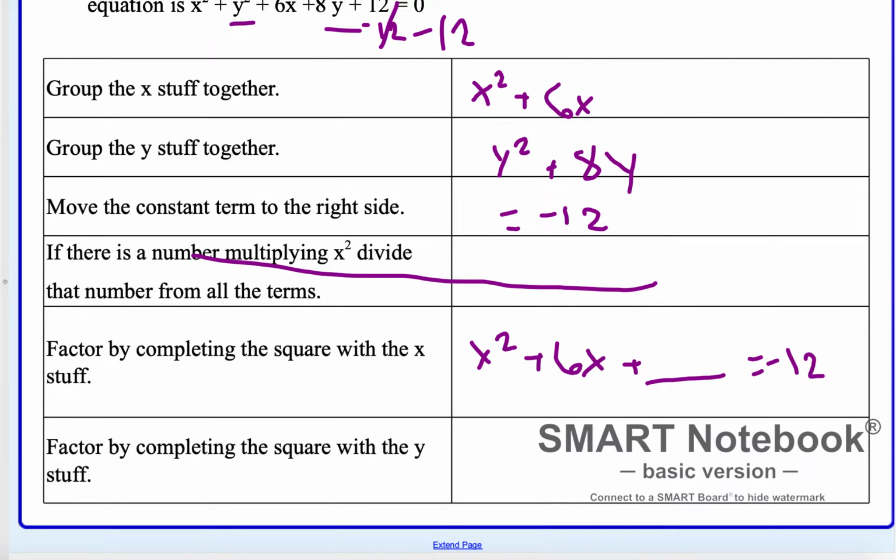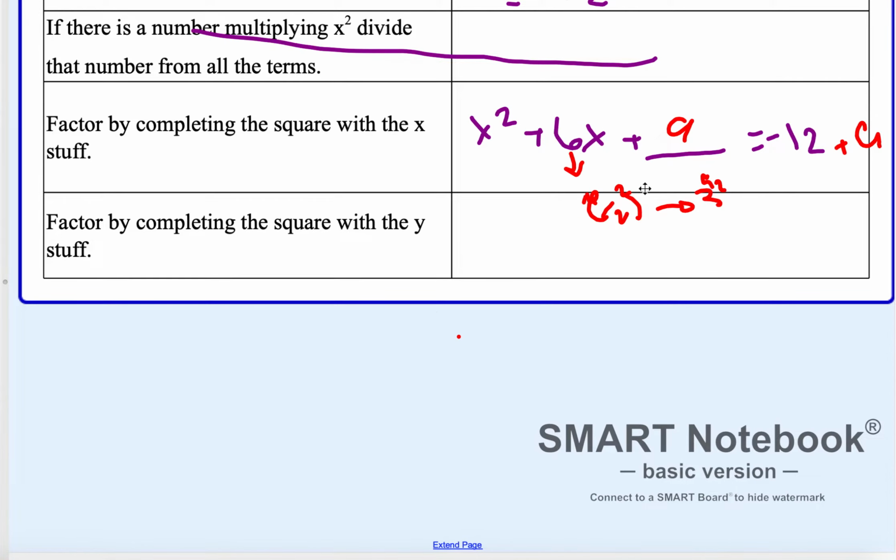Well, you do b divided by 2, squared. 6 divided by 2 is 3, and 3 squared is 9, so we add a 9 to this side. But what we do to one side, we have to do to the other side, so we add a 9 here as well.